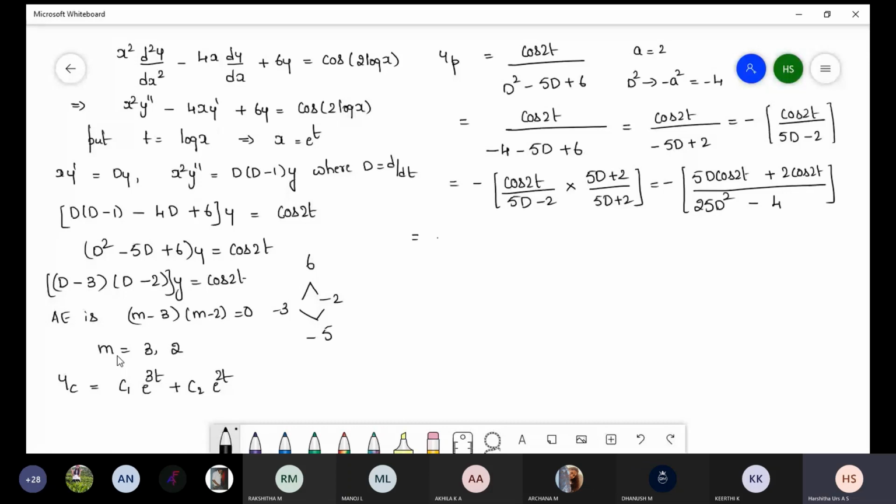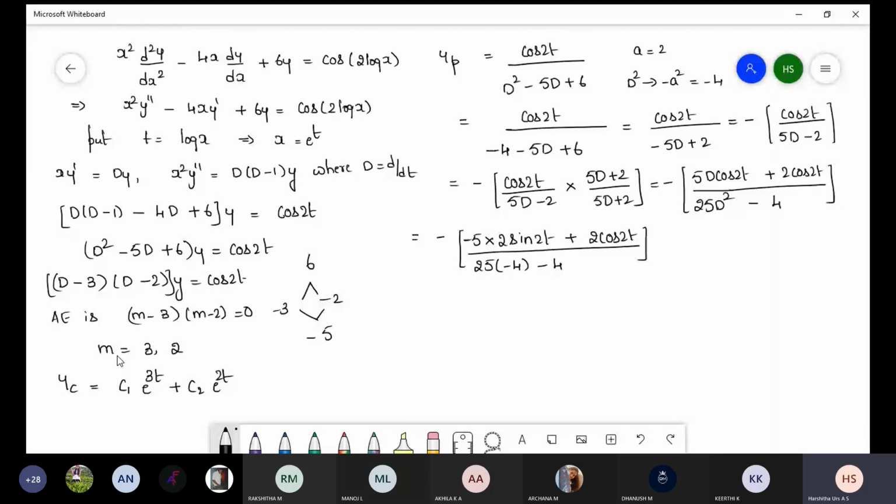Now the differentiation of cos 2t is minus 2 sin 2t, plus 2 cos 2t, divided by 25 into minus 4 minus 4.